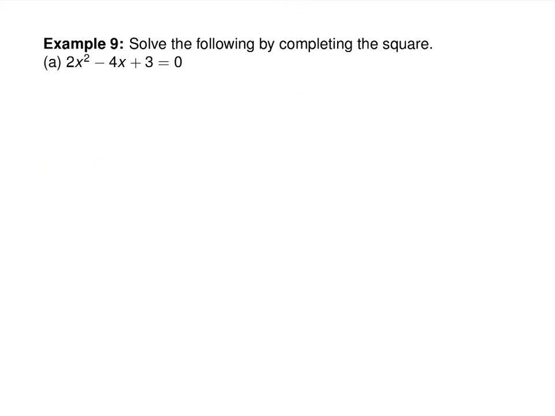Next one's 2x squared. So what you have to do, so it's 1x squared, is take the whole equation and divide it all by 2. And then you get x squared minus 2x plus 3 over 2 equals 0.